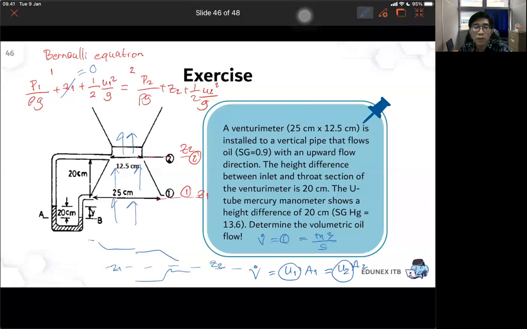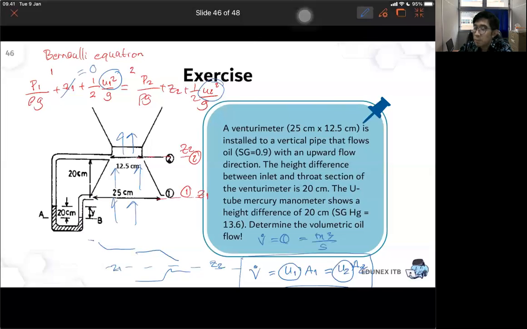Then how do you correlate velocity at point 1 and point 2? Directly with A1, sir. Yes, you can correlate the velocities by using the ratio of the areas, right? Then you can put it in this equation, just replacing either velocity at point 1 or velocity at point 2 using this one.